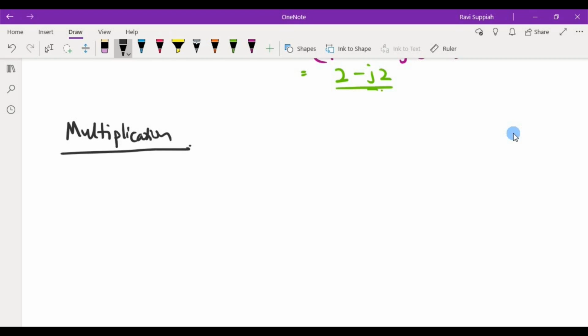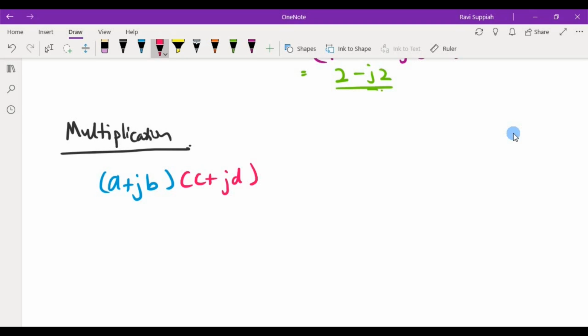Now, for multiplication, you're talking about multiplying two complex numbers while they are in this current form of a plus jb. So I have two complex numbers. The first one is a plus jb, and the second one is another complex number, c plus jd. How will I perform the multiplication here?